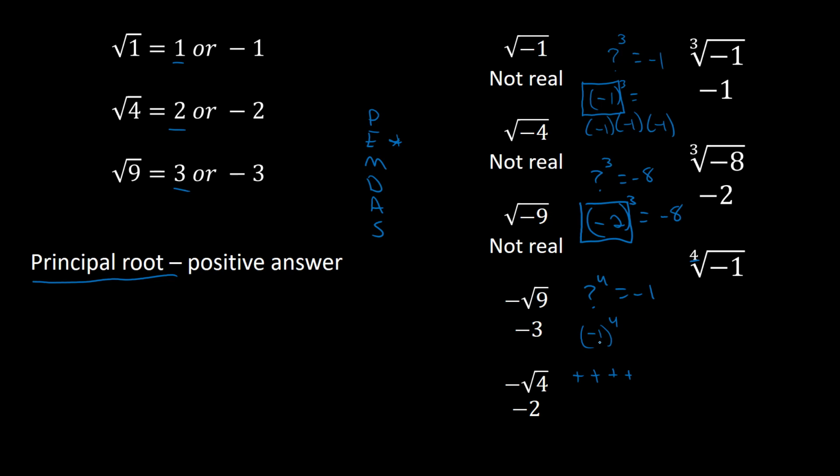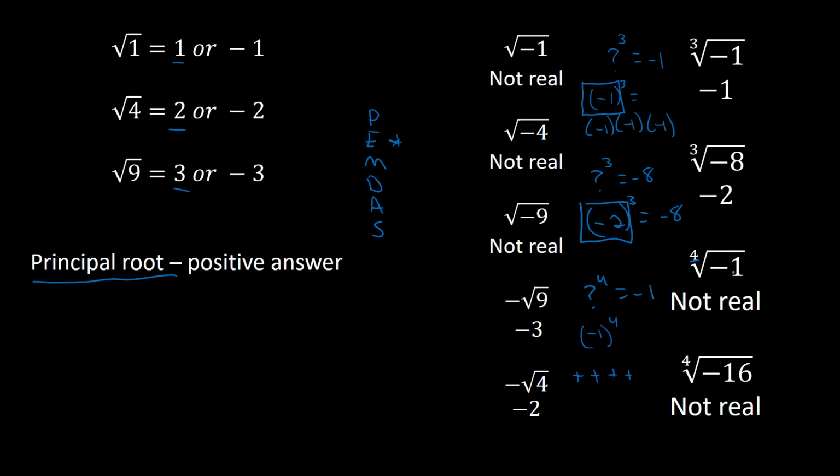So even negative 1 to the fourth power would not give me a negative 1 back out. Because of that, there's nothing to the fourth power that gives me a negative 1, so this one would be not real. And the fourth root of any negative number, whether it be 16, 1, or whatever, would always be not real.